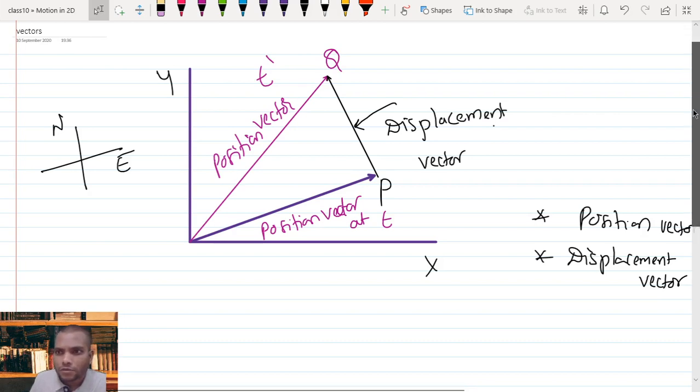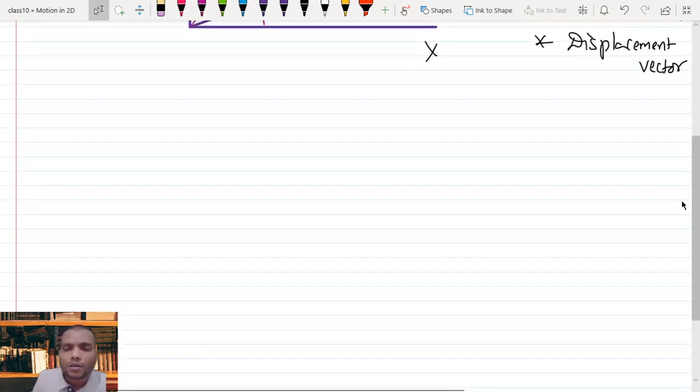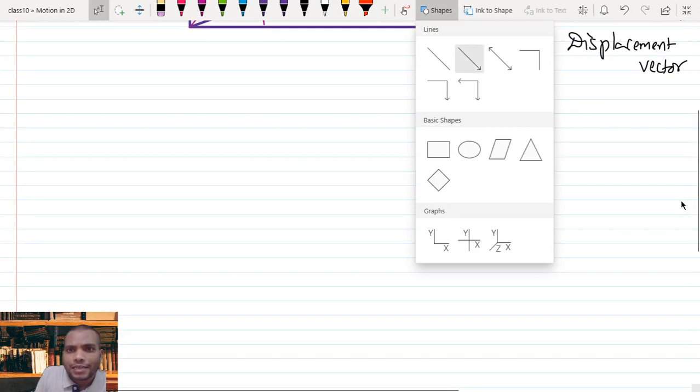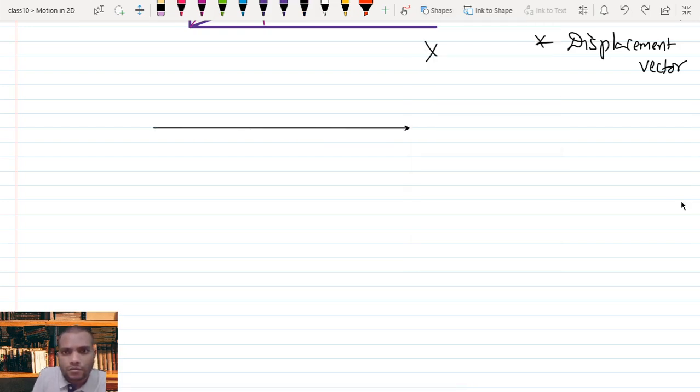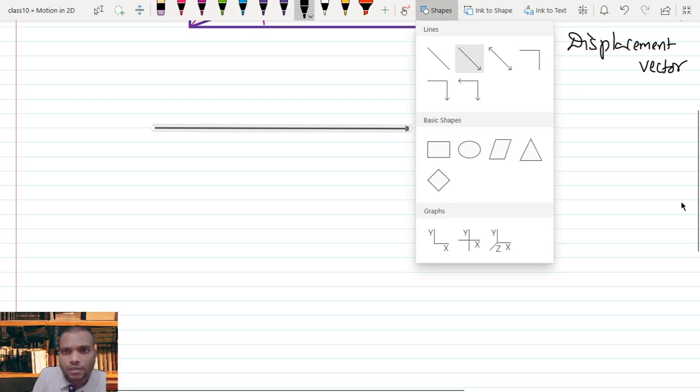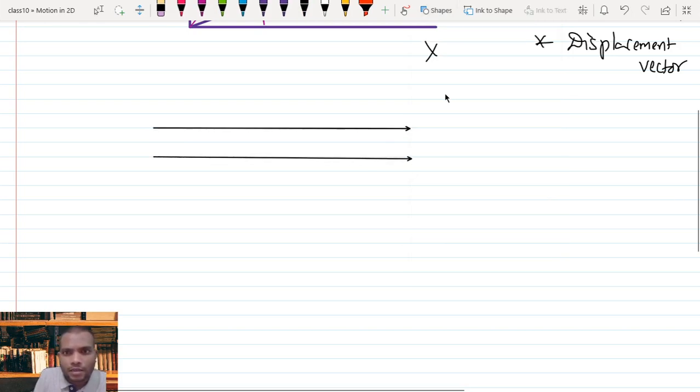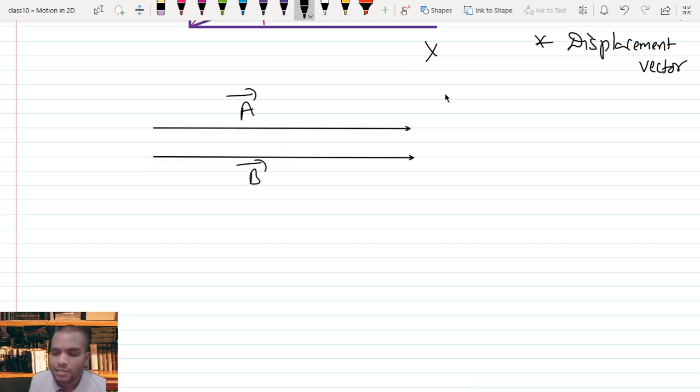Apart from these two, just recall, if two vectors have the same length, suppose this is vector a bar and this is b bar, these two vectors have the same magnitude and the same direction.